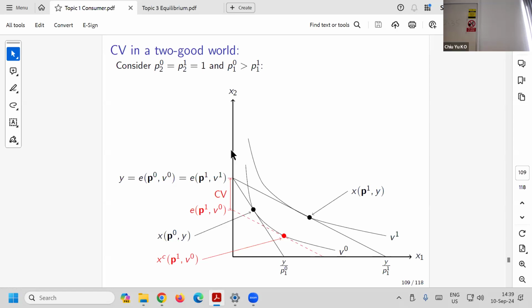Price 2 is 1. Okay, and then this shift is a CV. Why? This is the amount I need to compensate by, looking at the new prices. Remember CV before? Look at CV before.